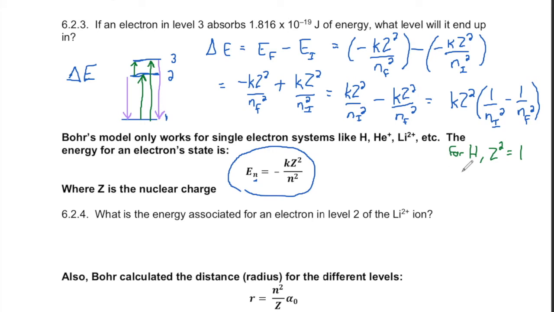For hydrogen, the proton charge in the nucleus is just 1. So 1 squared would just be 1. So if we replace this Z squared with 1, we would just get k. And this equation appears a little bit earlier in the chapter.